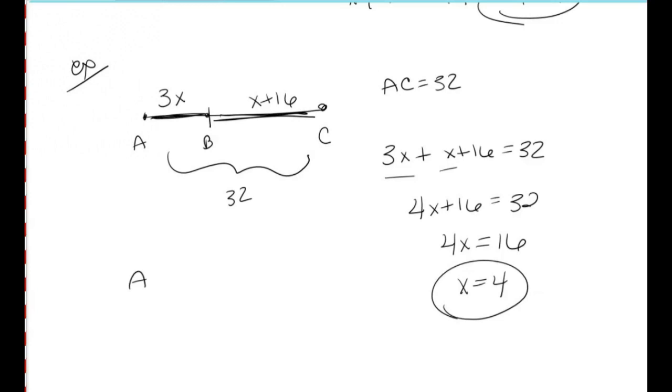If they asked us for the length of AB, we could simply plug in, right? So the length of AB would be 12. And if they asked us for the length of BC, we could also plug in and get 20. All right, so there could be this scenario.